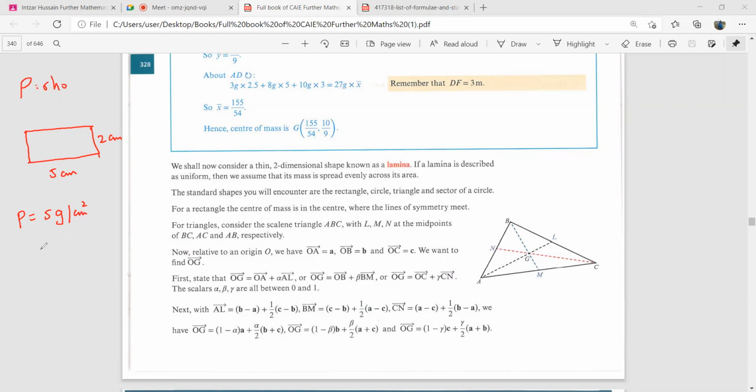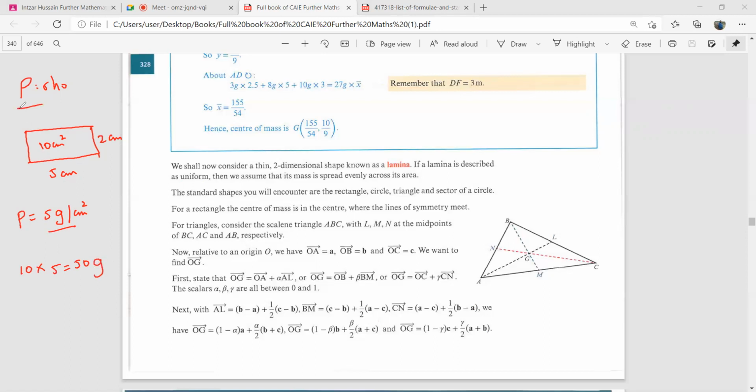We want to find the total mass of this rectangular lamina. For that purpose, you will have to find its area, that is 10 centimeters squared. The total mass, therefore, would be 10 times 5 grams, so the total mass of this rectangular lamina is going to be 50 grams.